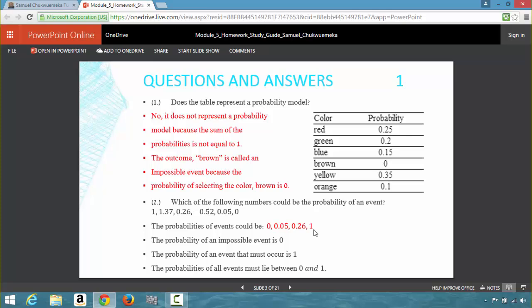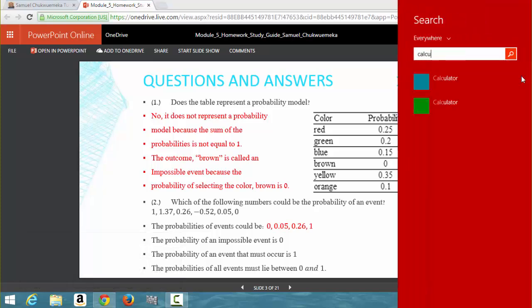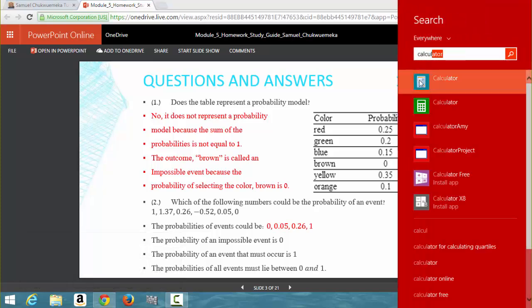Question 1. Does the table represent a probability model? If you add up all these probabilities, we say that the sum of the probabilities of all events must be 1. So if we add up all these, let me get my calculator here.